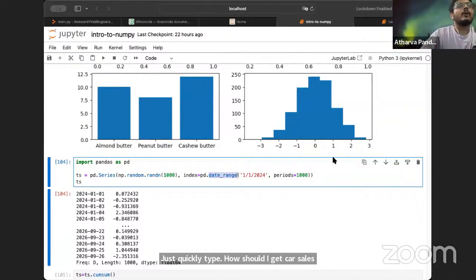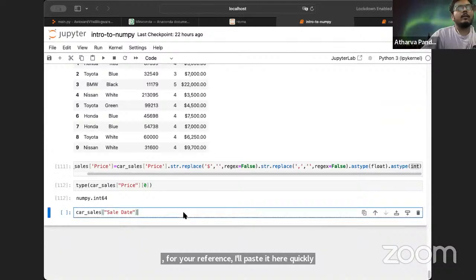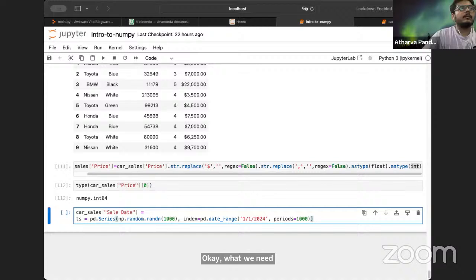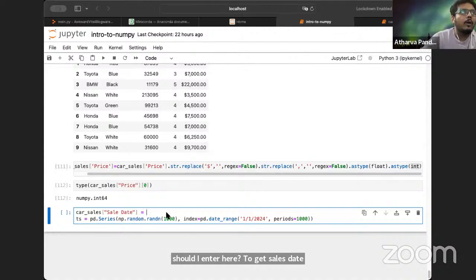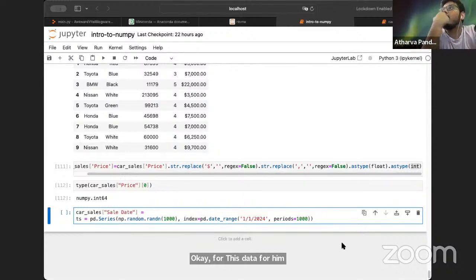For your reference, I'll paste it here quickly. What you need to tell me is what should I enter here to get sales date for this data frame. Type it. You have 1 minute.